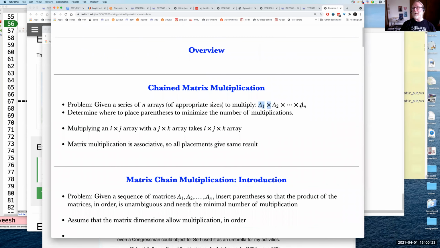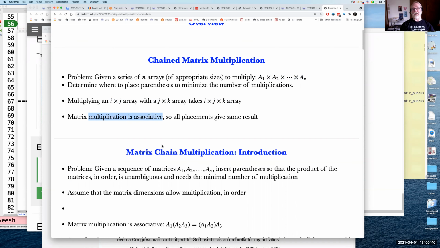So we're going to multiply a whole bunch of matrices together, okay? And multiplying an i by j with a j by k takes i times j times k multiplications. Good to know. You get the same answer any of these ways, okay? You can prove that matrix multiplication is associative. No matter how you associate the parentheses, you will get the same answer.